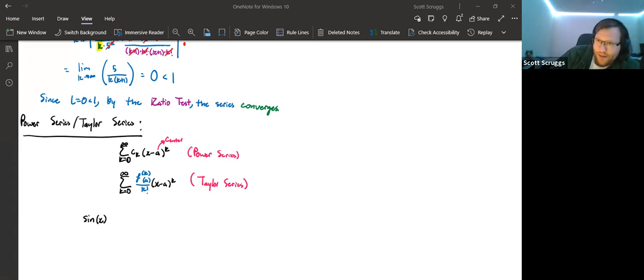For this problem, I am going to use the Maclaurin series for Taylor series, which, for context, Maclaurin series are when the center is 0. So if I say Taylor series, but I'm writing down the Maclaurin series, I am referring to the Maclaurin series. So just keep that in context.